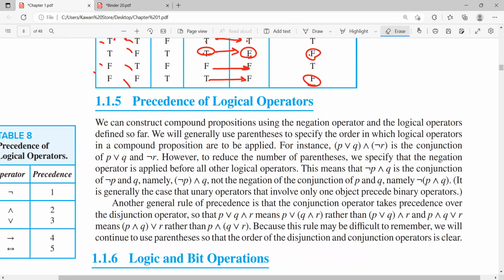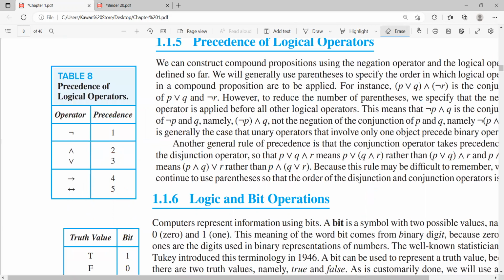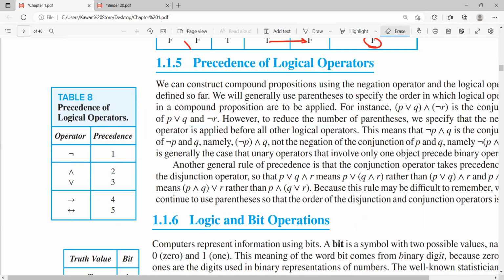Now, precedence of logical operators. What do you mean by that? It means that if I have five or six operators, which one has the priority? Which one is first? The first is negation. For example, if I say negation P and Q, which one should I do first in the truth table? The priority is for the negation.